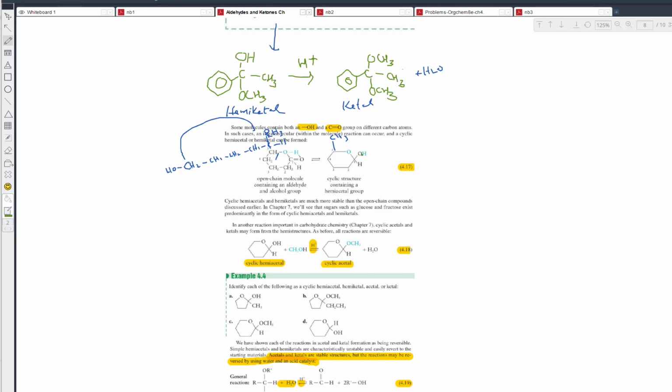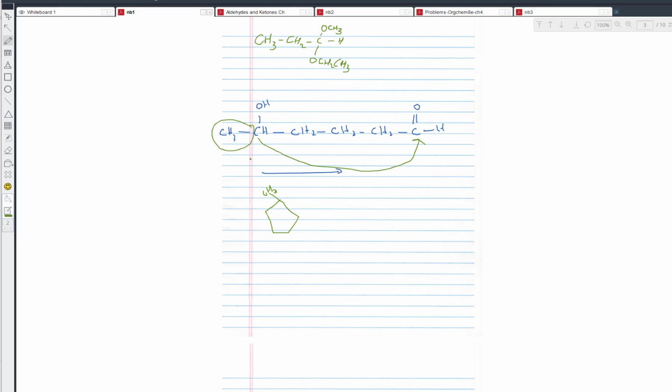You have to write OH close to this one so that the O will combine here, making a 6-member ring including oxygen. And then another substituent will go here like this. Is it clear?